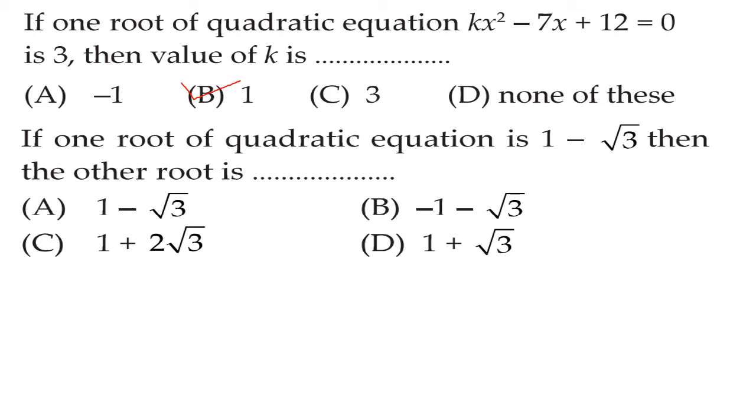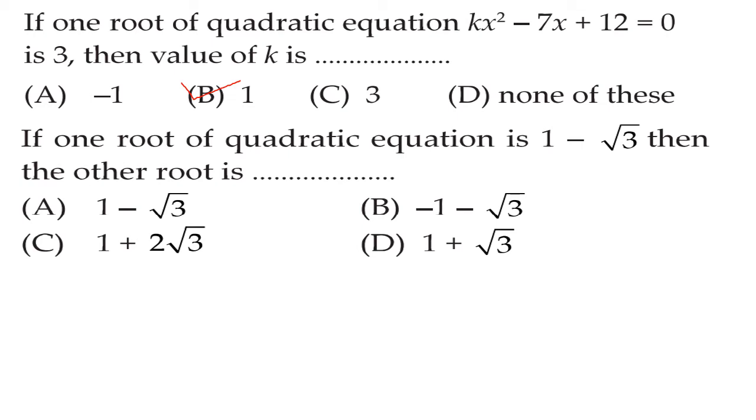So the terms are exactly the same, but they only differ by the middle sign. If the middle sign is negative, then in the other root you are going to get the sign as positive. So here the other root is 1 plus root 3. Simply change the middle sign.